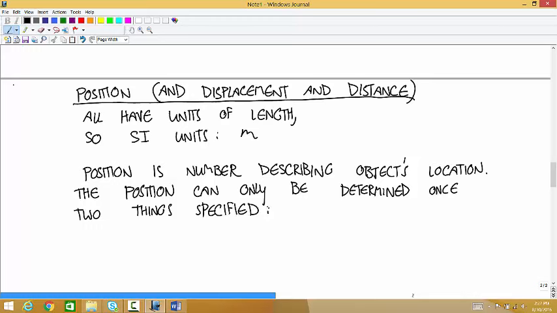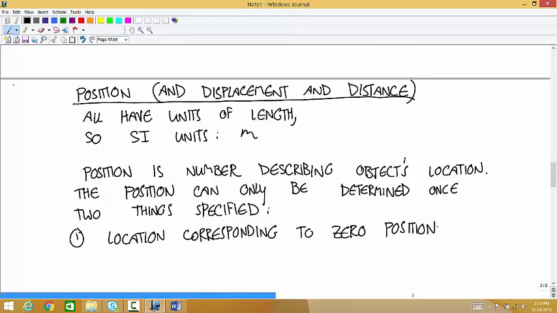And those are, first, a location corresponding to 0 position. And 2, a direction corresponding to positive. Okay, so let me draw a picture of how this works.